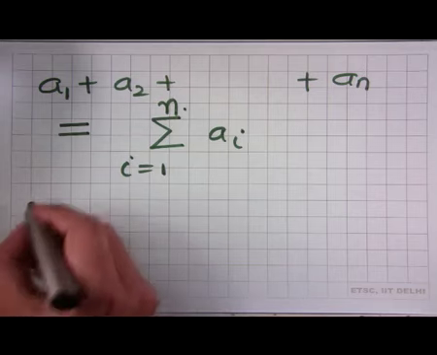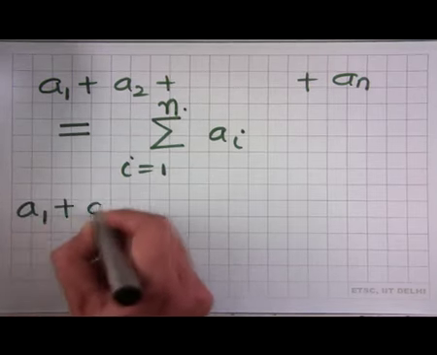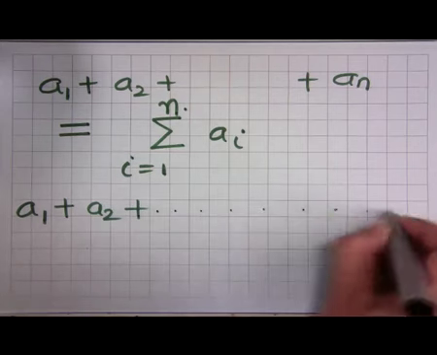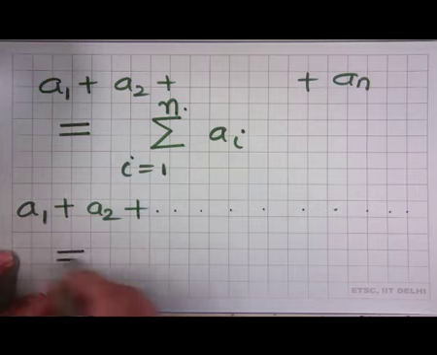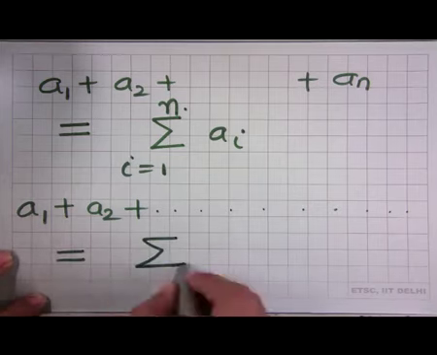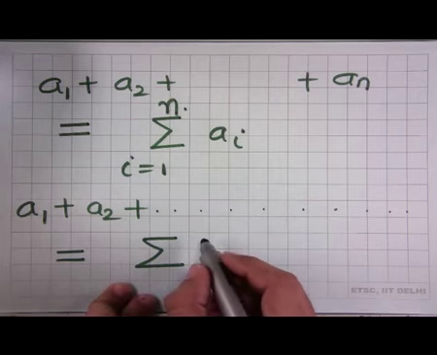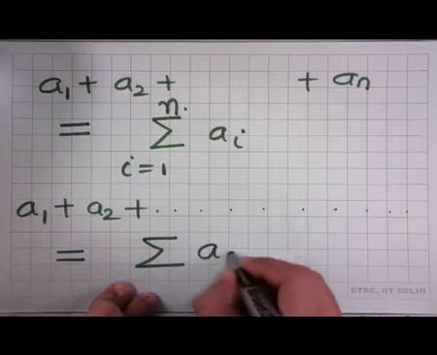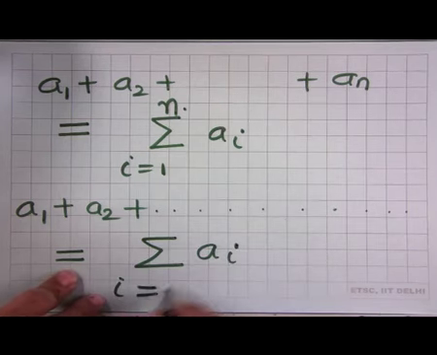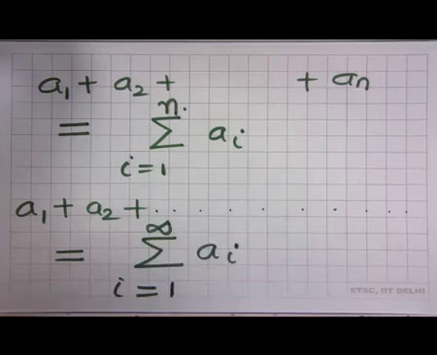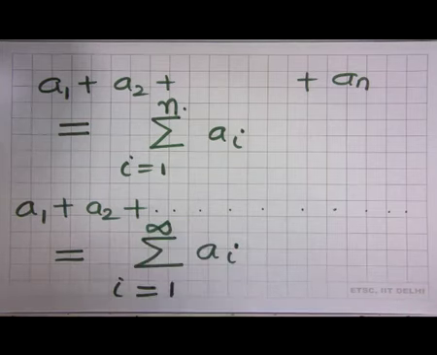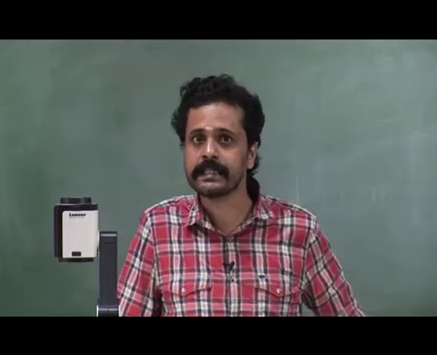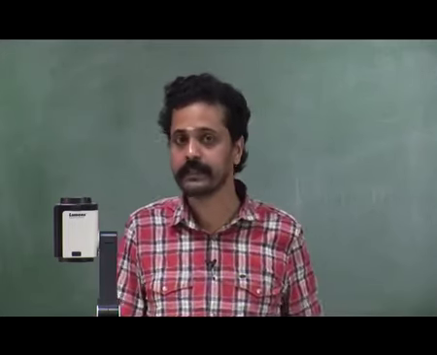Analogously, a series a1 plus a2 plus etc. can be represented using sigma notation as follows: a1 plus a2 plus etc. is equal to summation i equal to 1 to infinity. This infinity in the upper limit is used to denote that the series we deal with is an infinite series.